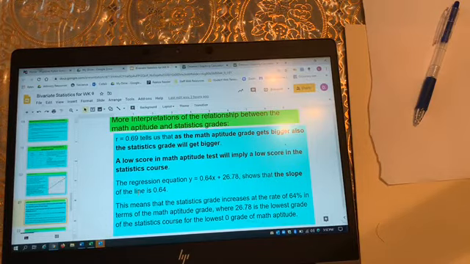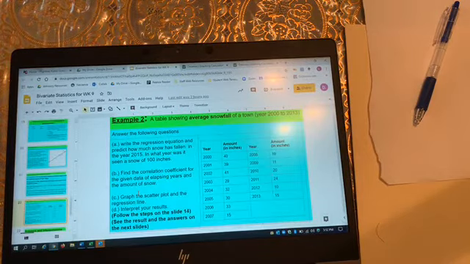Another example would be this one. This table shows average snowfall of a town, say in the years 2000 to 2013. Here, the year is given, and the amount of snow that fell in different years has been given.